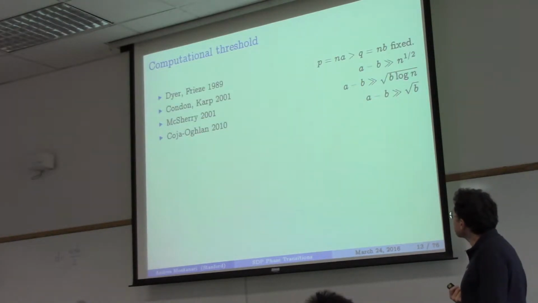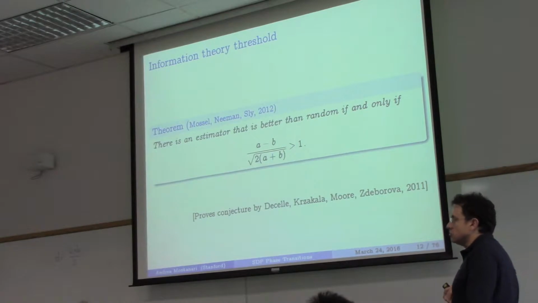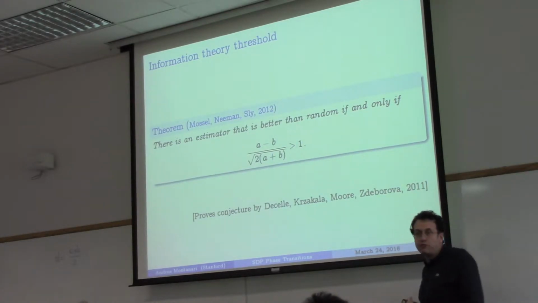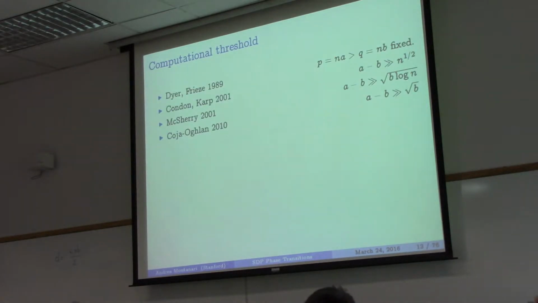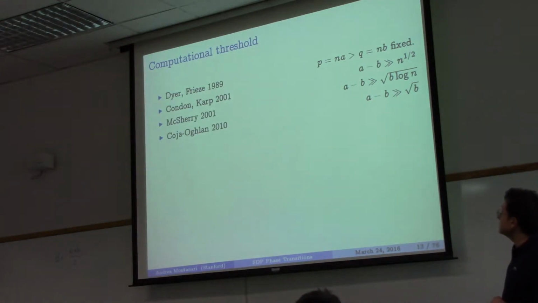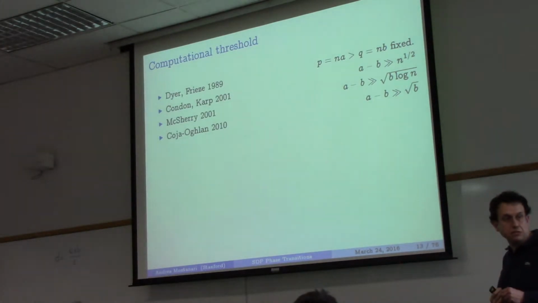All right. Once you answer this question, you want to ask, is there an efficient way of achieving this threshold? Is there any efficient implementation? The proof in this paper is based on some sort of exhaustive search. This is actually a question that has been studied since the late 80s in theoretical computer science, dating back to Frieze and Karp and others, and they gradually improved the bounds, the conditions under which estimators work well.